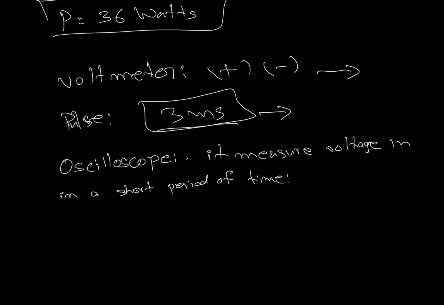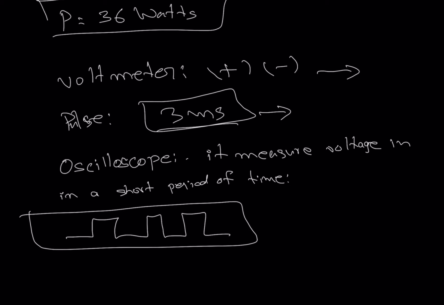Okay, so what does that mean? For example, if a switch is coming on and off, the oscilloscope will give me a two-dimensional picture, which is this guy right here. This, for example, is 1 millisecond. How can we measure this particular voltage with a voltmeter? There is no way we can do it, but we can measure this using an oscilloscope.